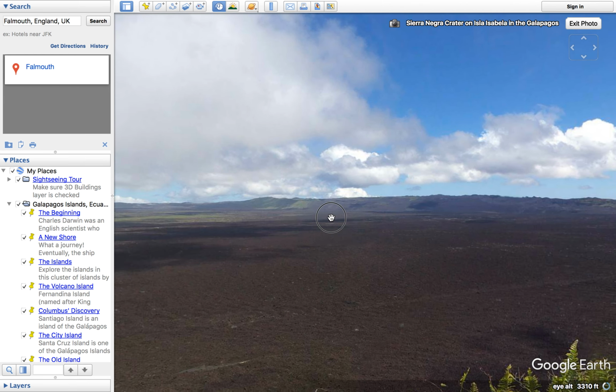Kind of barren, a little bit surprising for an island. The Galapagos Island is actually a series of volcanoes, so I suppose not that surprising. There's some biologist, perhaps a tourist. Okay, so here we zoom back out.